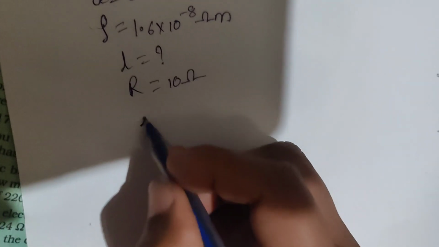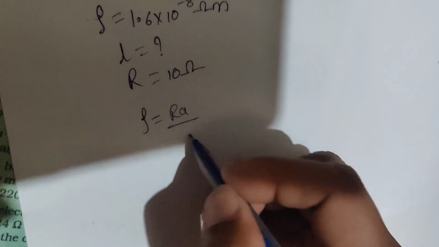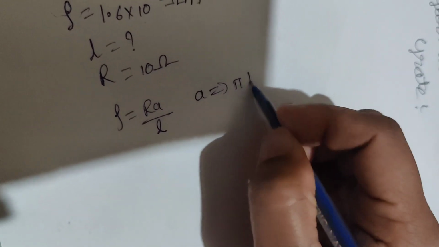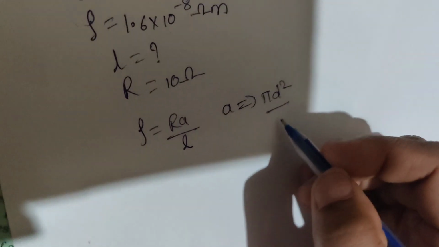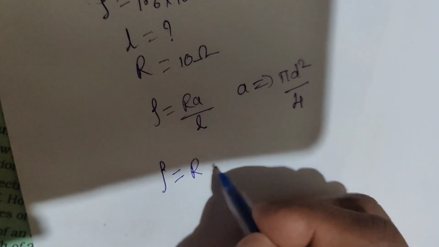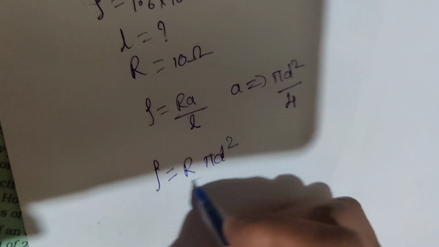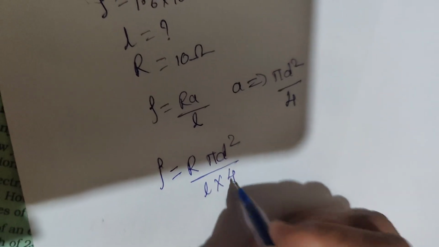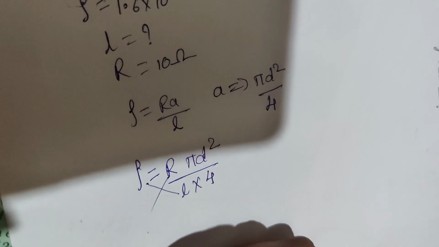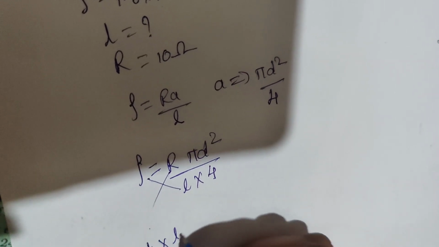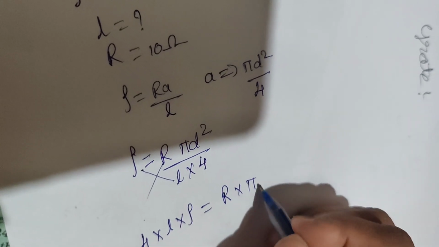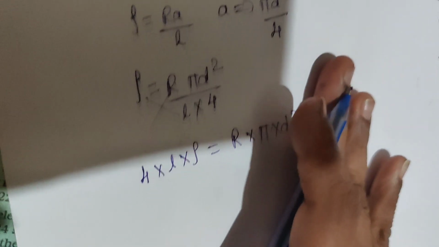So we know that rho is equal to R A by L. Here A is equal to pi d square by 4. Okay, rho is equal to R pi d square by L into 4. Multiply like this: 4 into L into rho is equal to R into pi into d square.